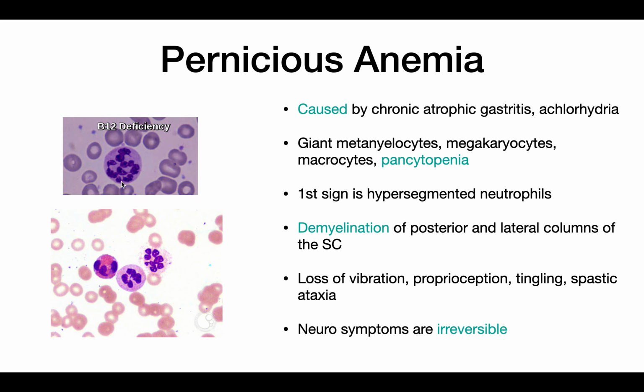The first sign is going to be the hypersegmented nuclei of the neutrophils, and then eventually it'll lead to demyelination. You're going to lose sensation and proprioception, and unfortunately, the neurological symptoms are irreversible even if we give treatment. The treatment is just to slow the progression of the disease.